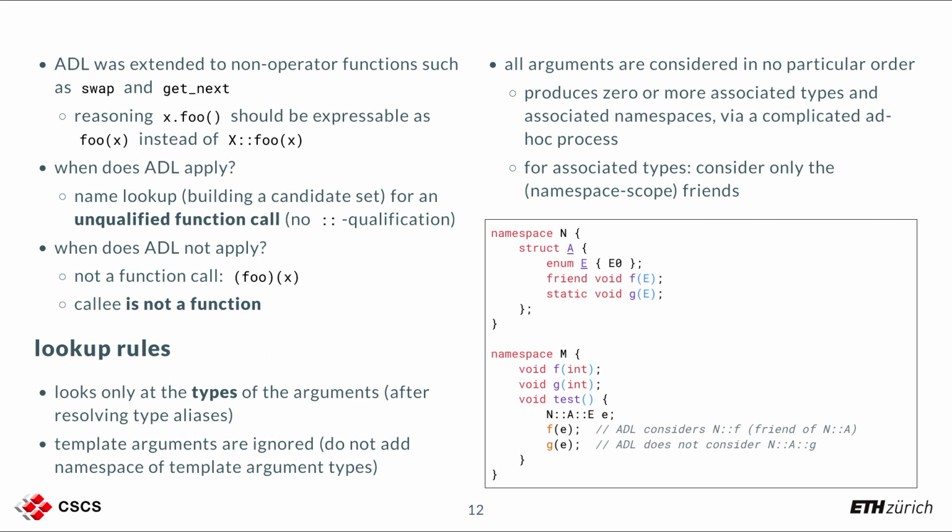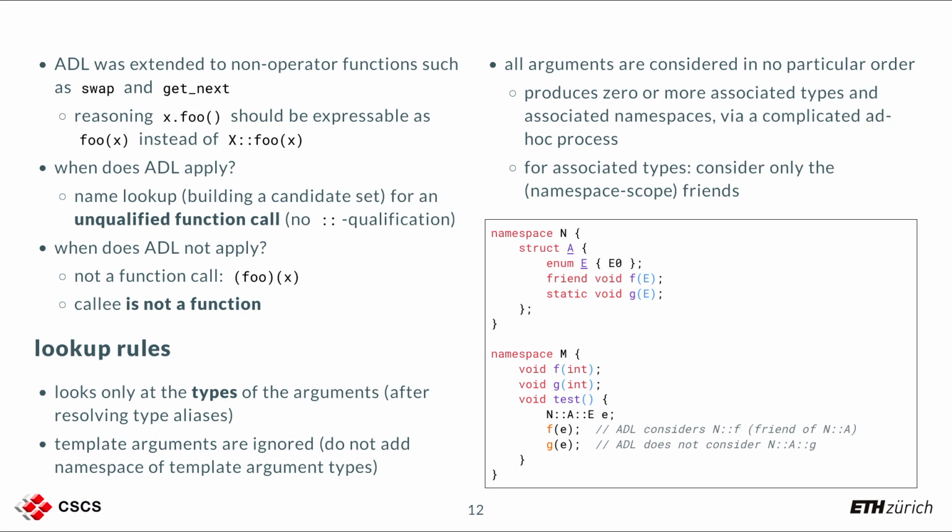So when does it apply? When we have a name lookup for an unqualified call, no qualification. And when does it not apply? When it's not a function call. In some rare cases, when you put parentheses around your function, it's kind of an exception. And more importantly, if the thing you call something on is not a function.